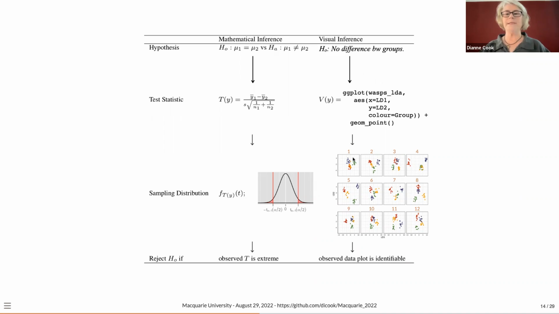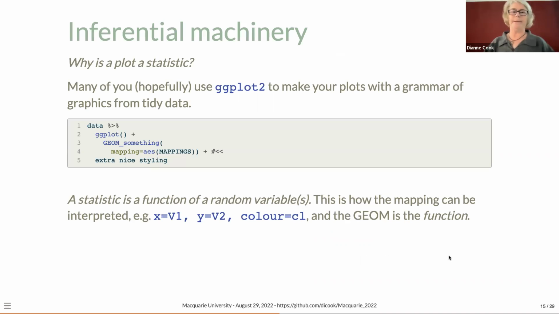And on the basis of that, with a lineup framework like this, putting the data plot in the context of null plots, and then engaging an audience to pick the most different one, then we can put some statistical significance on it. So let's put some more structure to that.